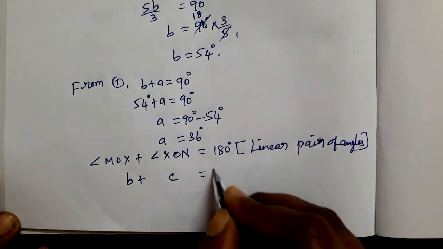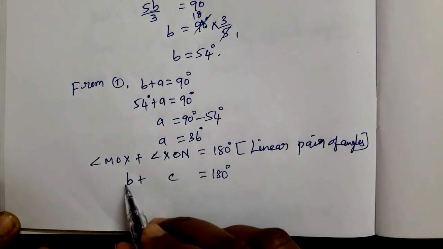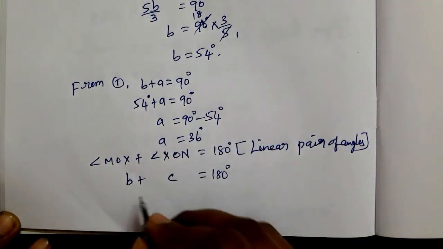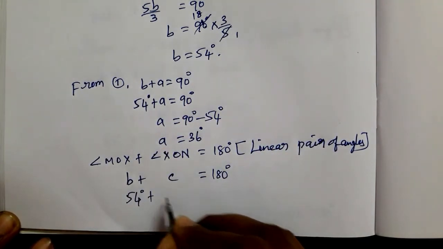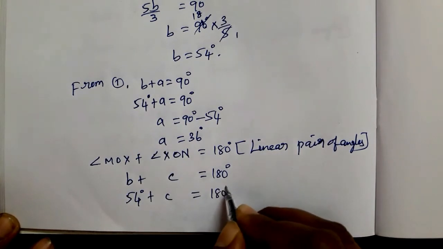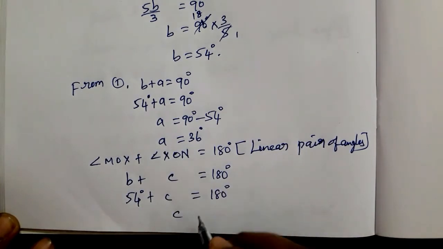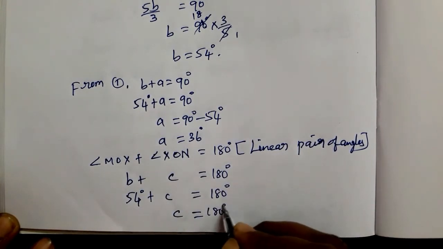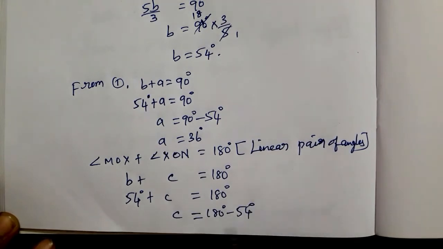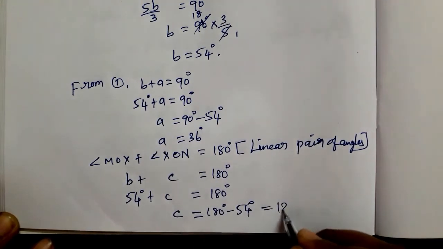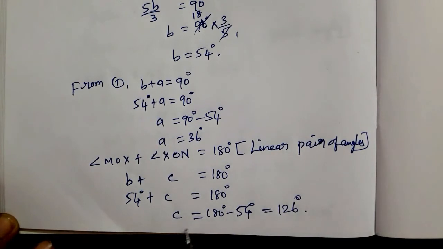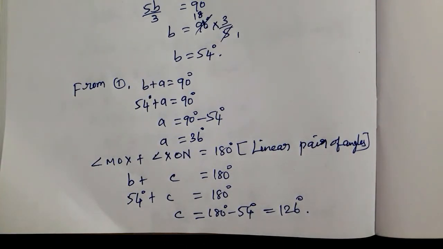So b plus c equal to 180 degree. Already we know that b value 54 degree. So 54 degree plus c equal to 180 degree. This plus 54 becomes that side, c equal to 180 degree minus 54 degree. Do the subtraction here. We will get 126 degree. So therefore c value 126 degree. That's all for the second question. Now move on to the next one.